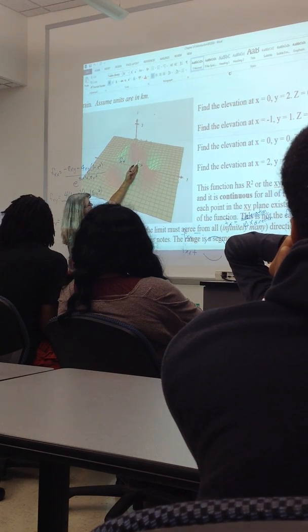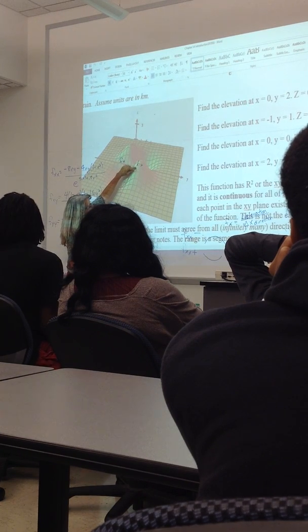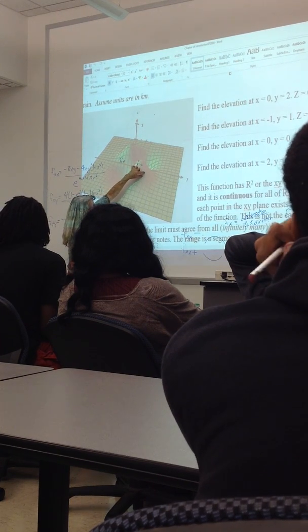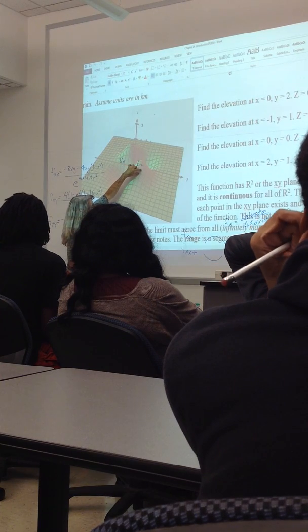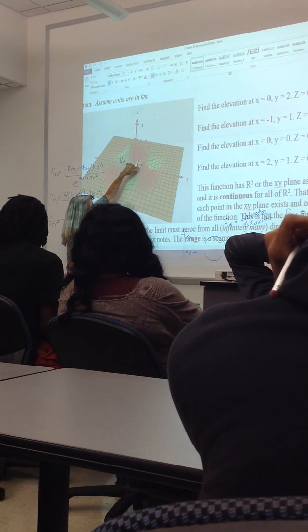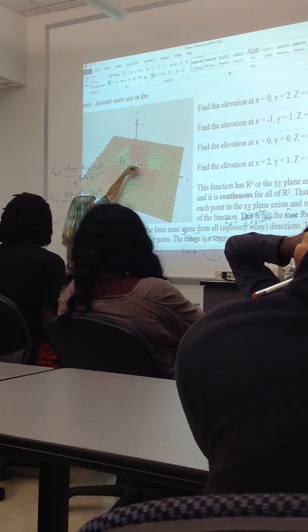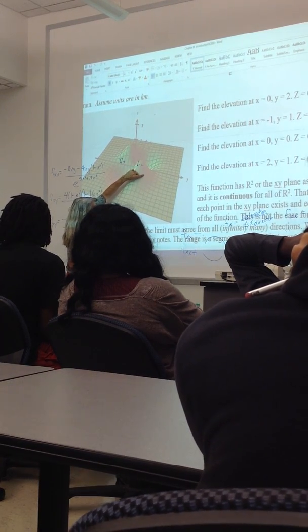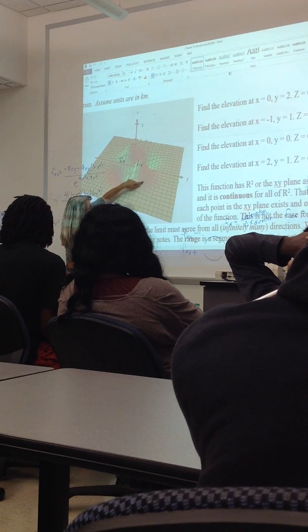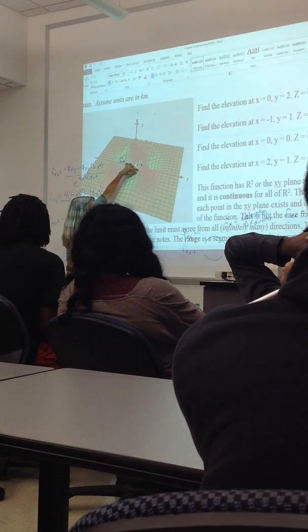As I move this way, it looks like the slope is becoming more negative. Right here it's dark and shadowy because this is a steeper downward direction.